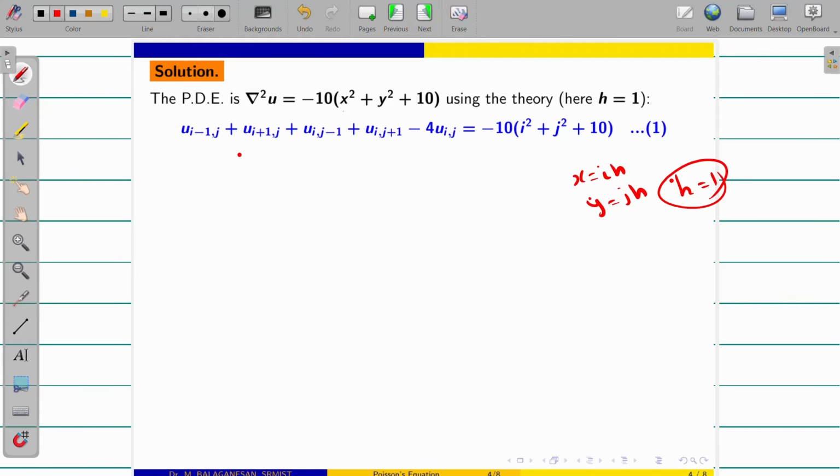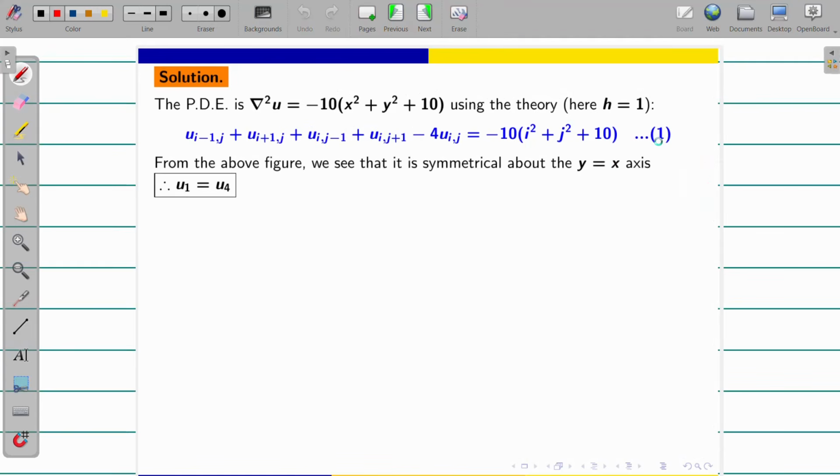The y direction also 0, 1, 2, 3, 4. So the h value is 1. So we are simply going to replace x by i and y by j in that formula. The left hand side is the standard 5-point formula, minus 4u_ij, equivalent to minus 10 into (x replaced by i square plus j square minus 10).